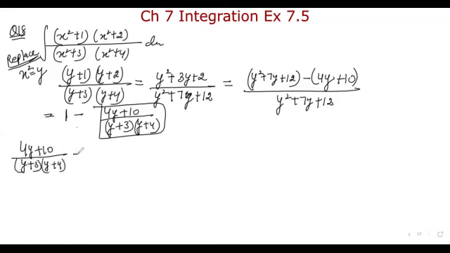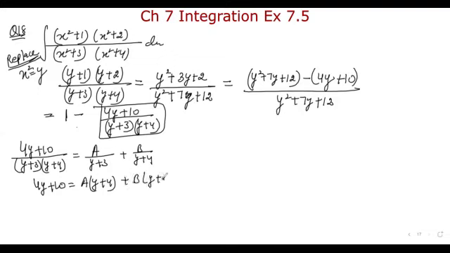Here partial fraction will be very easy. A upon y plus 3, b upon y plus 4. So on taking the LCM, this is 4y plus 10. This is a into y plus 4 plus b into y plus 3.